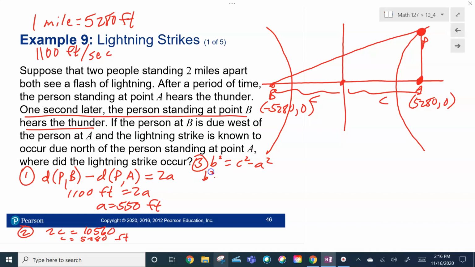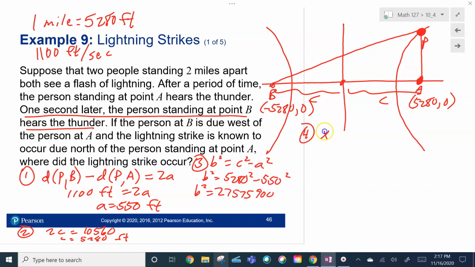So b squared would be 5280 squared minus a squared, which is 550 squared. So b squared ends up being 27,575,900. That's b squared.